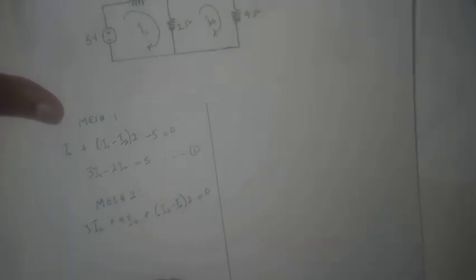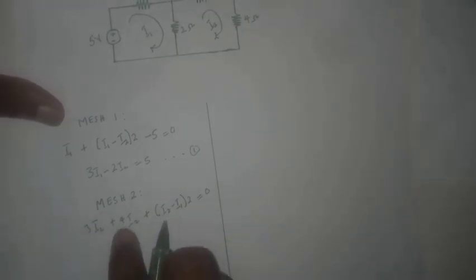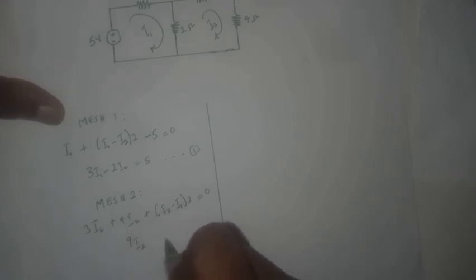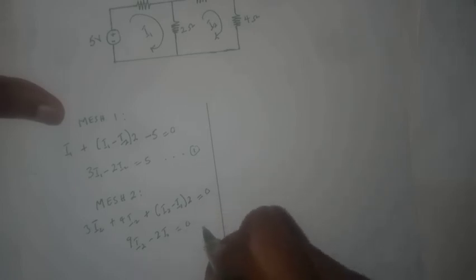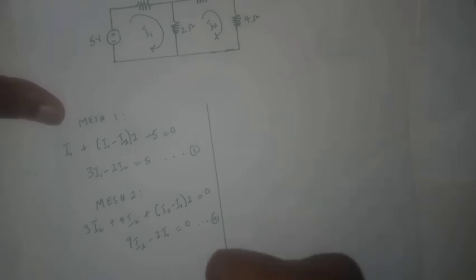So when we simplify this further, we would have 9I2 minus 2I1 equals 0. And we call this our second equation. We can then proceed to solve these equations simultaneously.